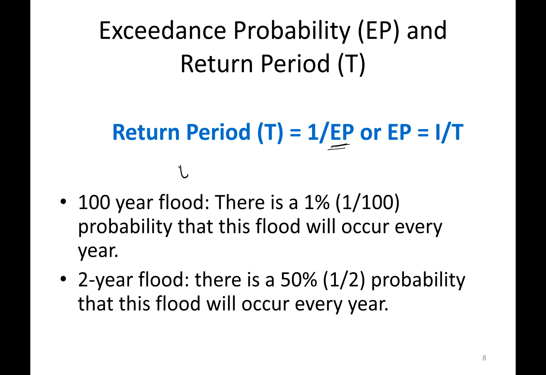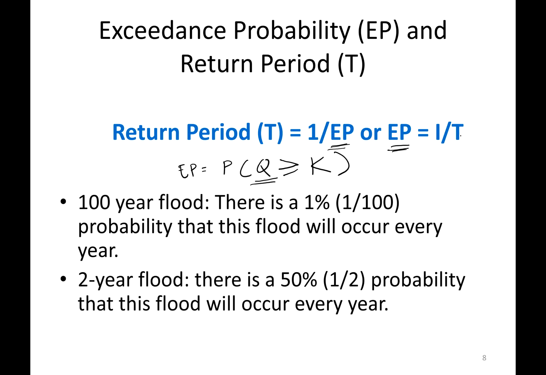Exceedance probability is the probability that Q, where I'm using Q as my random variable for discharge, is greater than or equal to some value, let's say K. If we know the exceedance probability for a certain Q threshold, then the return period will be 1 over that exceedance probability. Or if you know the return period associated with a certain flow, then the exceedance probability will be 1 over that return period.